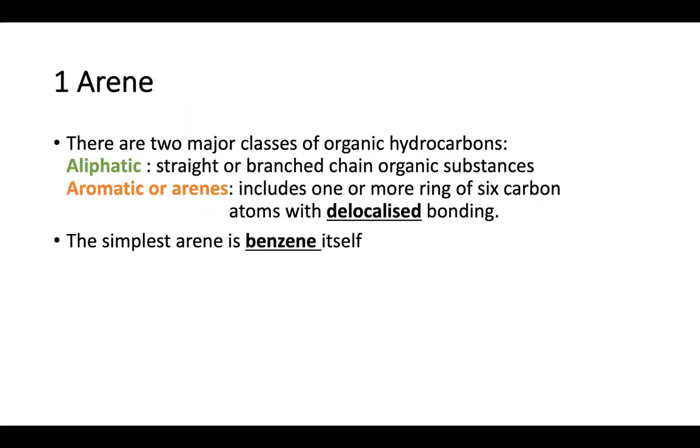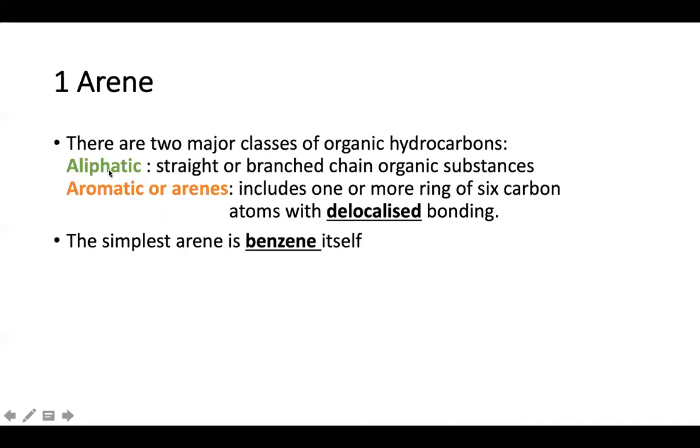Okay, now there are two major classes of organic hydrocarbons. Okay, so organic compounds are your hydrocarbons, your homologous series, alkenes, alkanes, alcohols, haloalkanes, carboxylic acid, ketones, aldehydes. These are the ones that you have come across in AS.